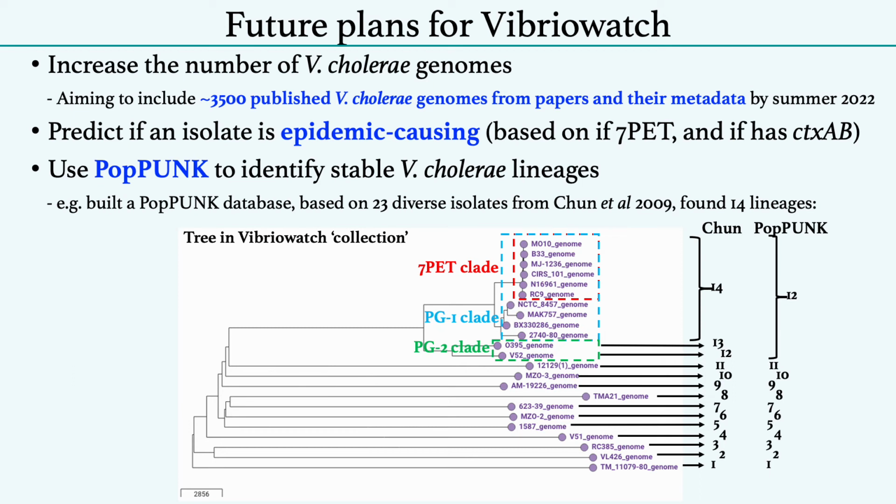We will also upload their metadata, which is the place and time of isolation, as well as the type of isolate, for example clinical or environmental, and also any phenotypic data we can collect on things such as antibiotic resistance profile, serogroup and serotype.